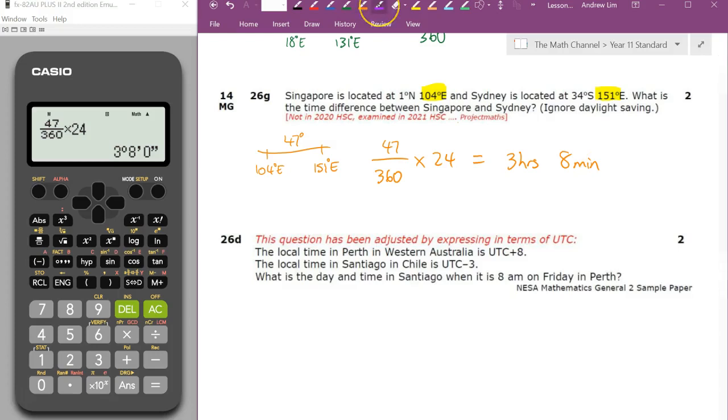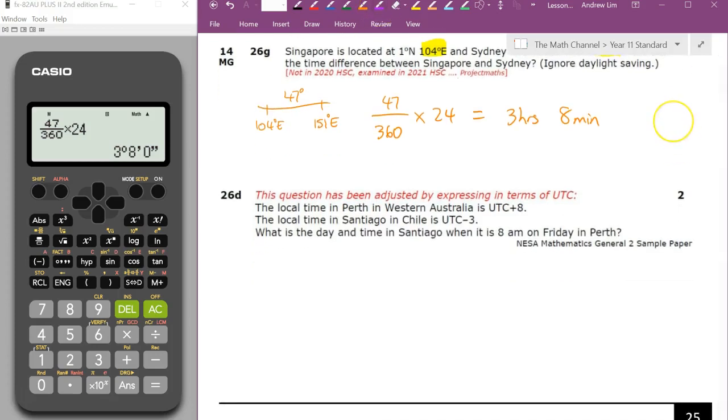Alright, next one. Local time in Perth, UTC +8. Santiago, UTC -3. Time difference, 8 minus -3 is 11. Okay. What is the day and time in Santiago when it's 8 AM Friday in Perth?